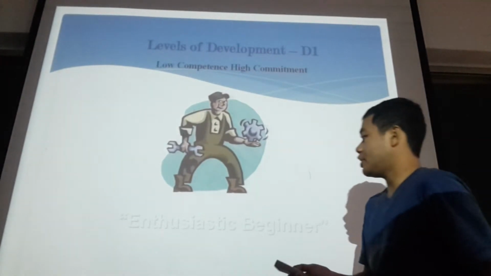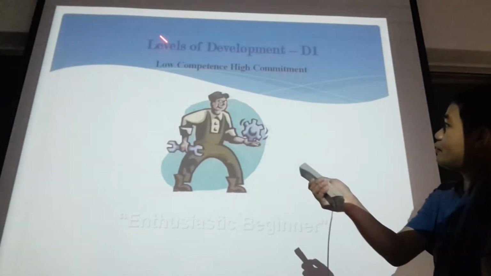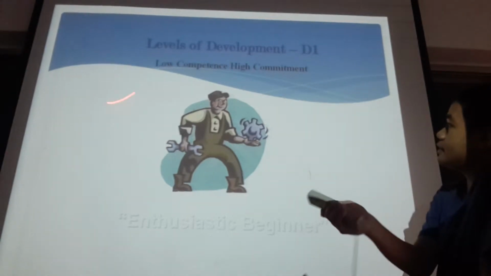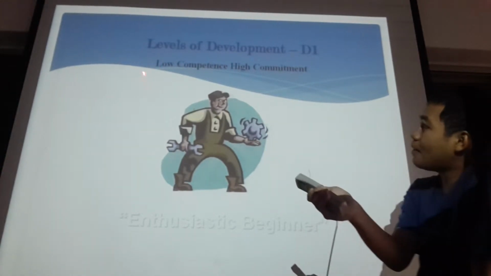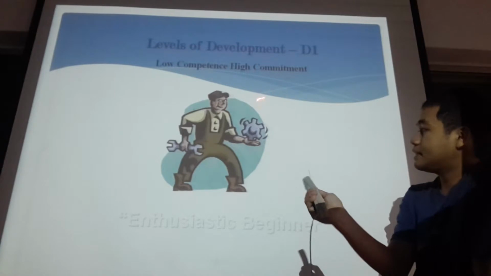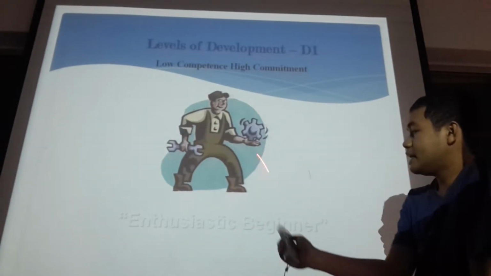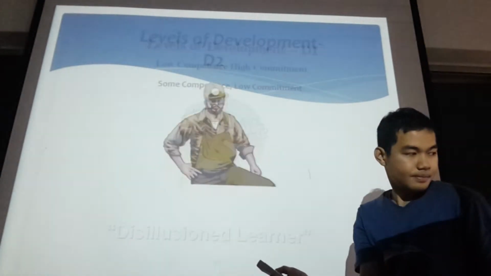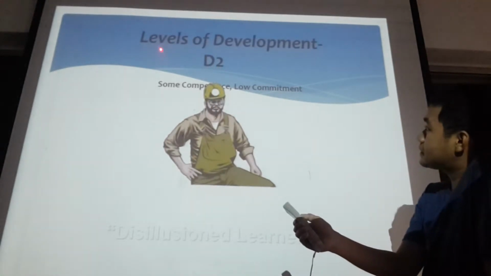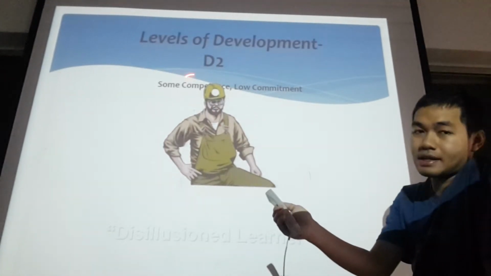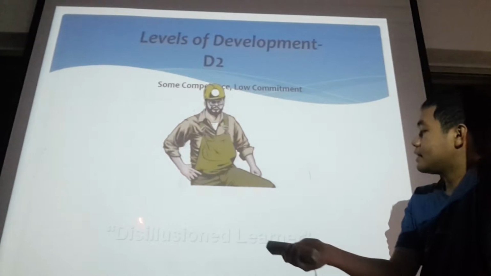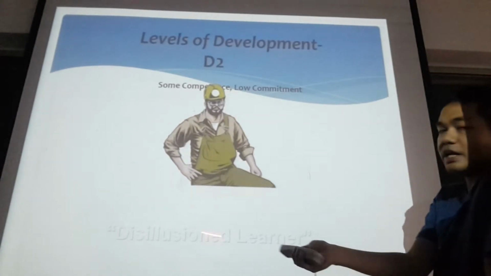Okay, now let's take a look in here. I told you before, in levels of development, D1, which has low competence and high commitment, we call it enthusiastic beginner. Next, in D2, they have some competence and low commitment, and we call it disillusioned learner.